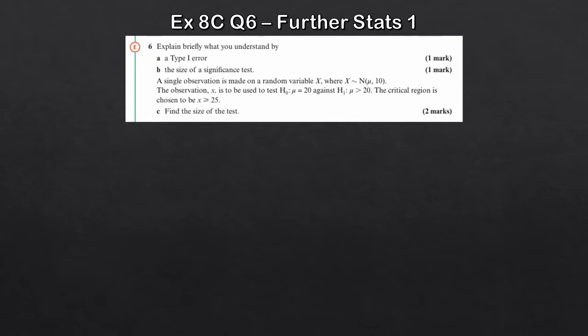Next question here, we're taking a look at the power and the size of a significance test. So the first 2 questions are very standard textbook definition questions. So this is just something that I would recommend learning, whether it be through flashcards, if you've got bad memory like I do, or whichever method you find effective for memorizing definitions. So a type 1 error.